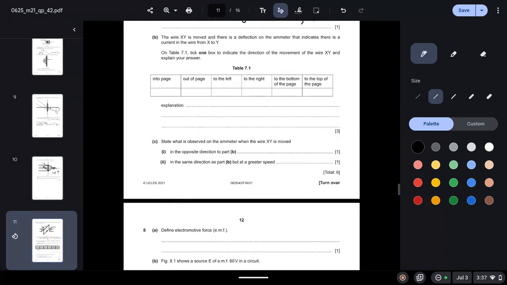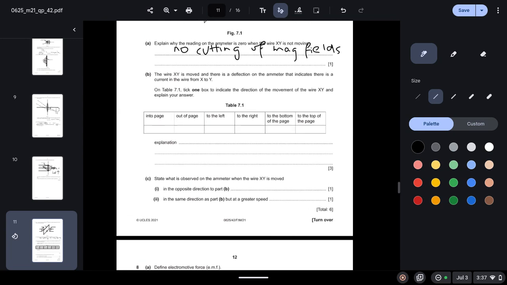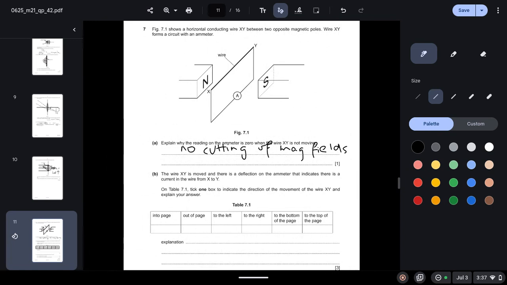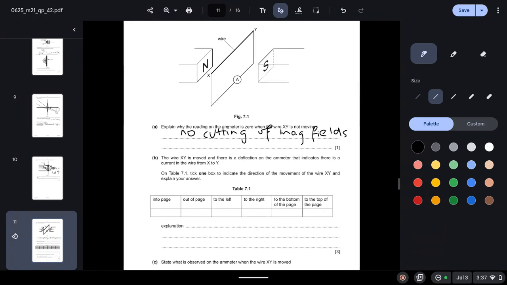The wire XY is moved and there is a deflection on the ammeter that indicates there is a current in the wire from X to Y. On table 7.1, tick one box to indicate the direction of the movement of the wire XY and explain your answer. Okay, so the magnetic field line is from north to south always.